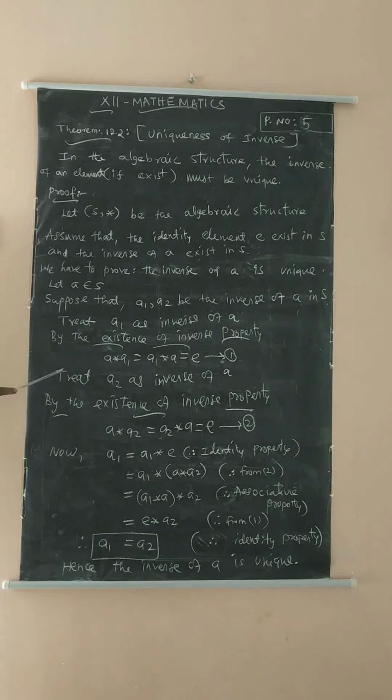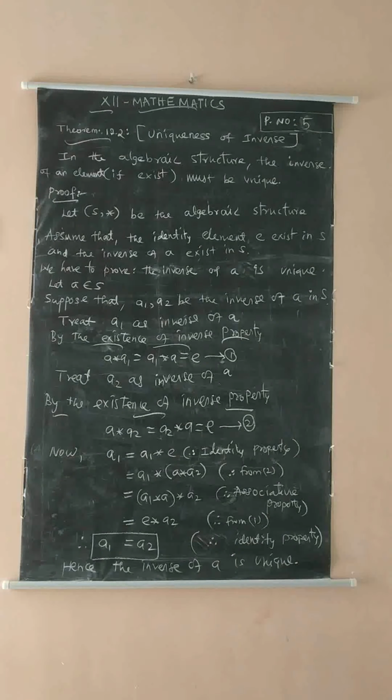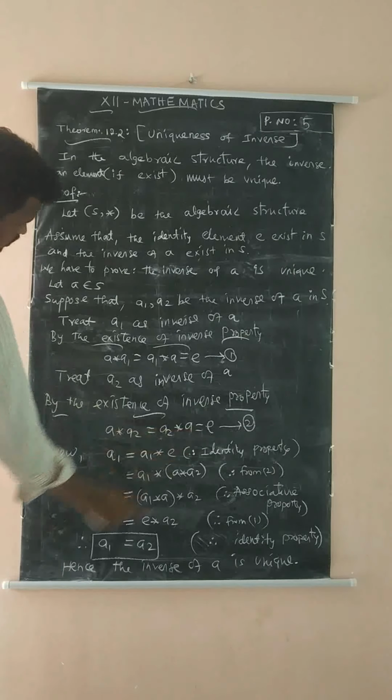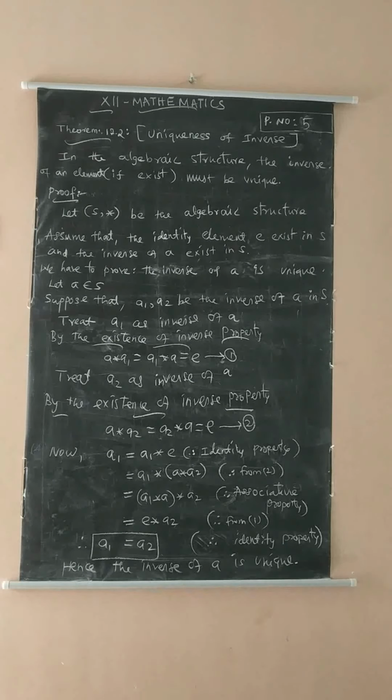Treat A2 as the inverse of A. By the same property, A2 star A is equal to A star A2, which is equal to E. That is equation number 2. So by the property we got two equations.